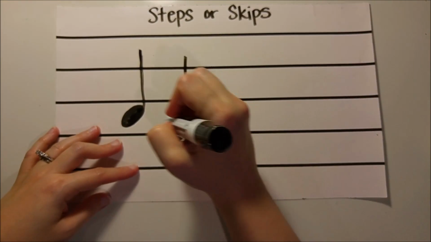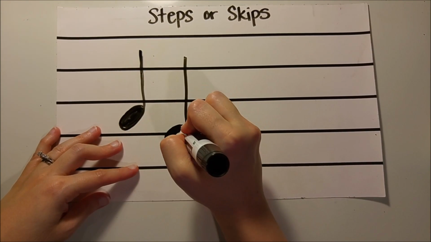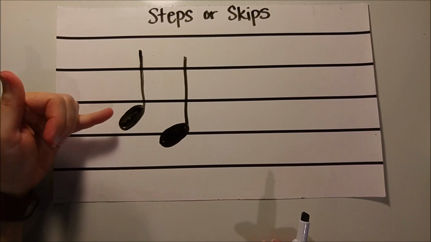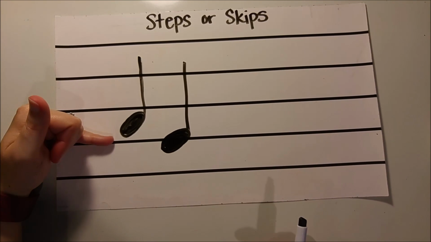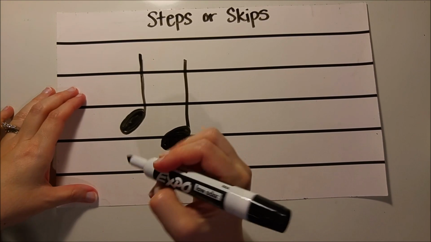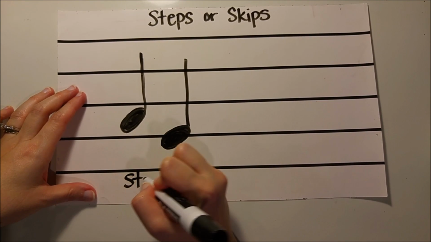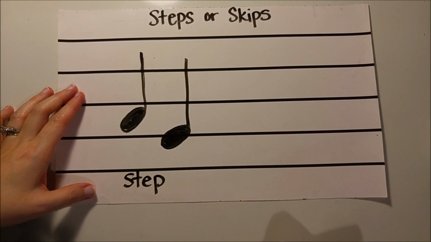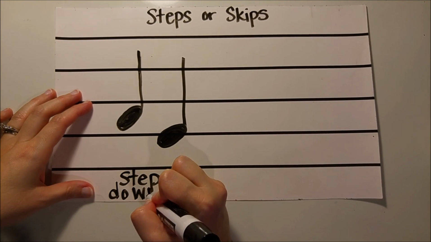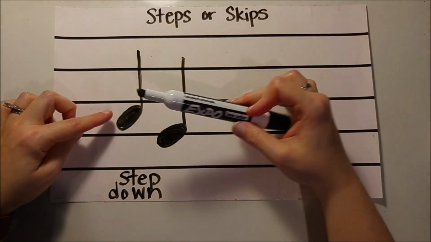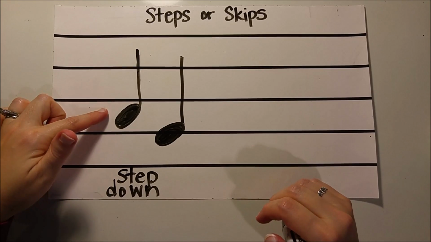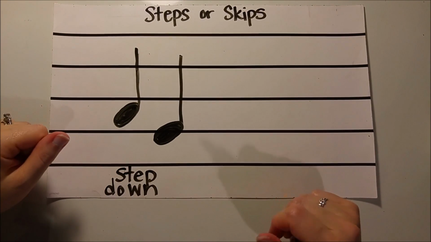All right, so this went from a space note to a line note, okay? And they're right next to each other. See, they're touching the space and the line. So this would be called a step. And actually, it would be called a step down because, see, it goes down. It would get lower. So this would be like da-dum.